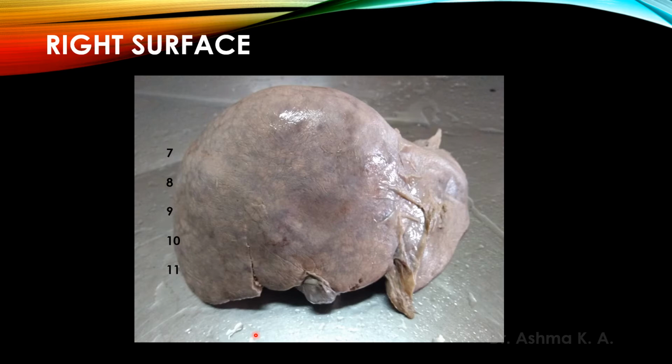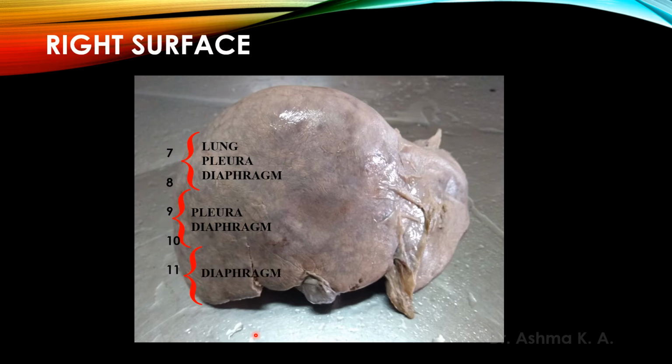To study the relation of the right surface, we can divide it into upper 1/3, middle 1/3 and the lower 1/3. The upper 1/3 is related from deep to superficial to the following structures: lung, pleura and diaphragm. The middle 1/3 is related to pleura and diaphragm, as the lower border of lung ends at the level of 8th rib in the mid-axillary line.